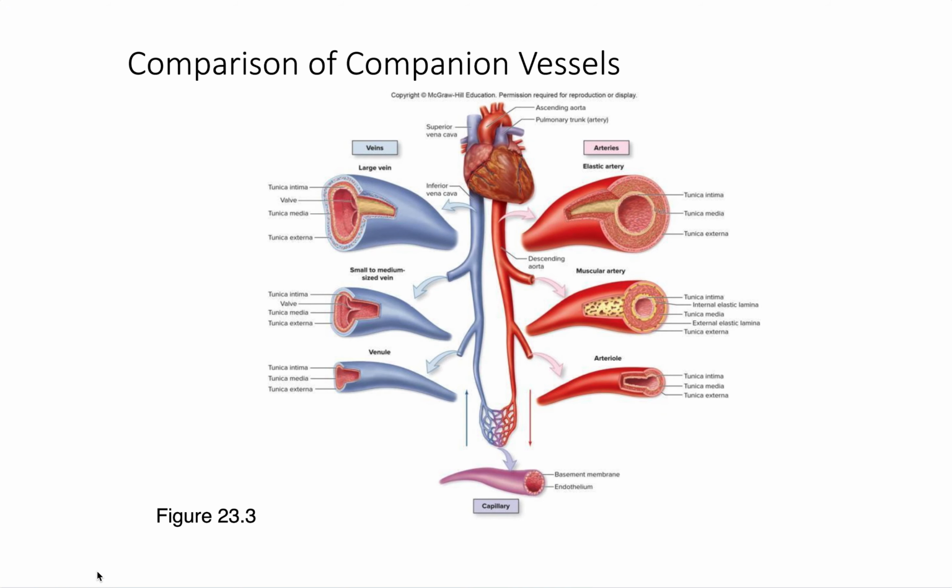So just some general characteristics when we're looking at the veins versus the arteries. They both have the same layers. So as far as size is concerned, you'll have an elastic artery, which is the largest. You'll have a large vein.